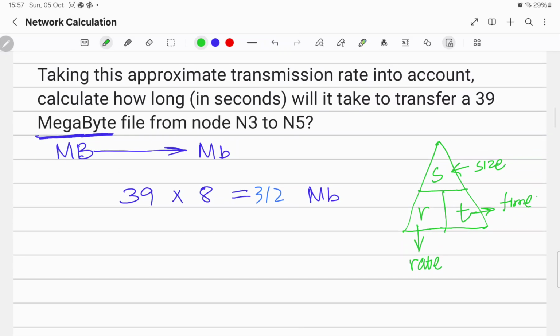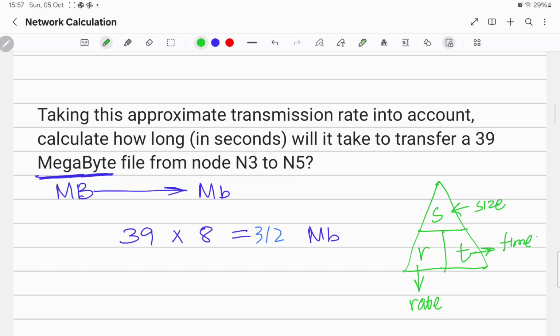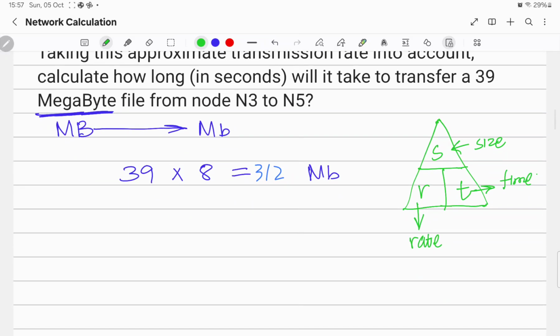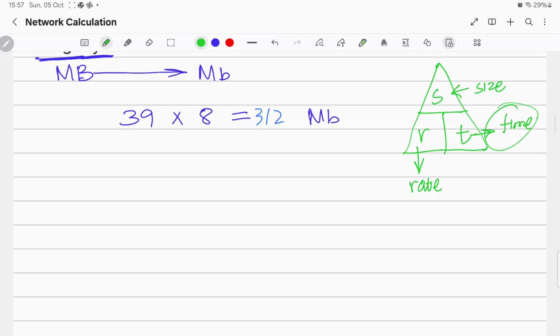Whenever the question says taking this approximate transmission rate into account, calculate how long in seconds, it means we are looking for time. So my formula is going to be T is equal to S over R. This is the time in seconds that we're looking for.